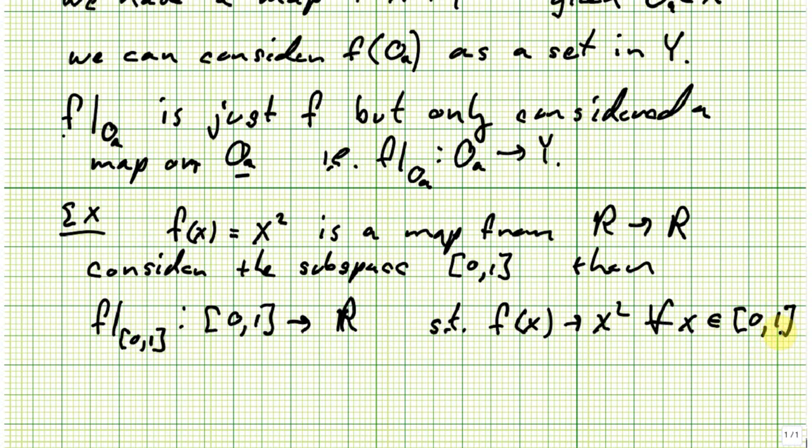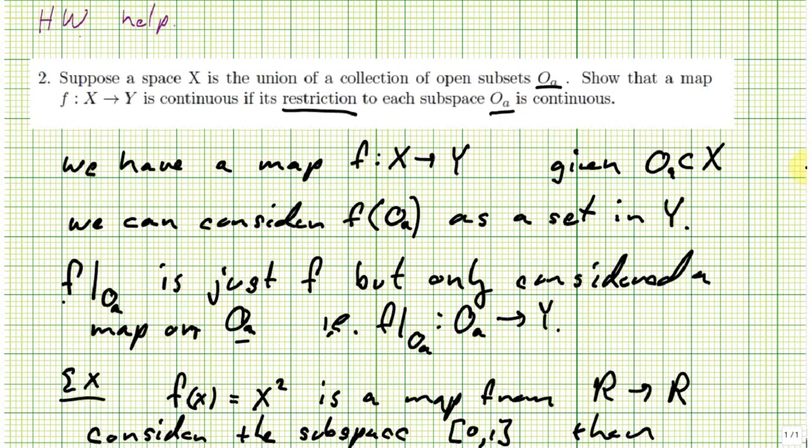In other words, if you have a map from the whole space to another space, you can certainly consider that a map from any subspace to another space. So I hope that clears up at least one question that was asked about that.